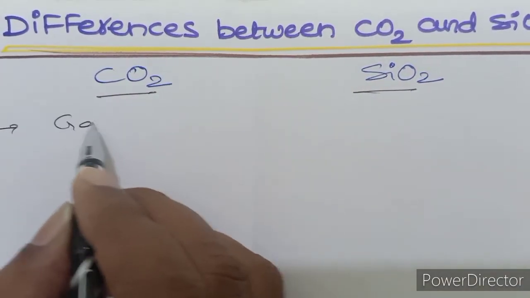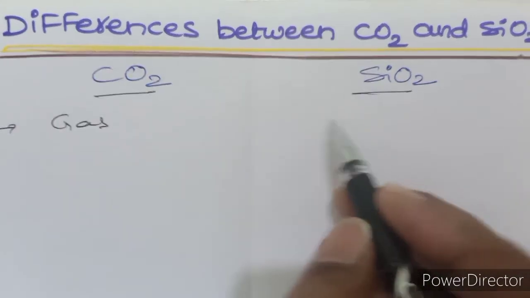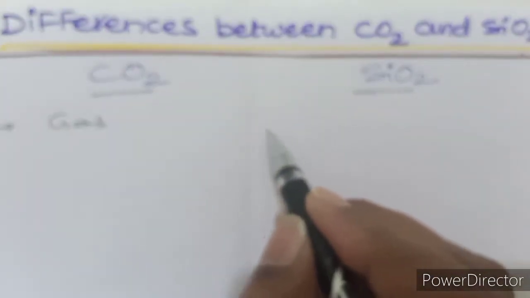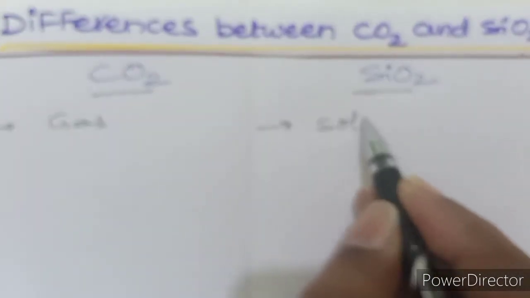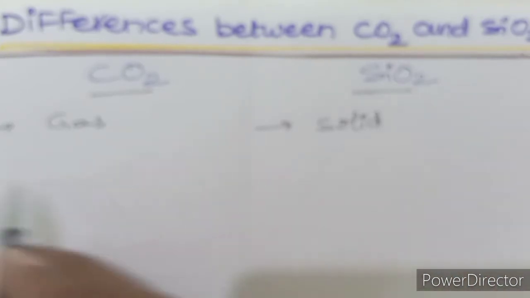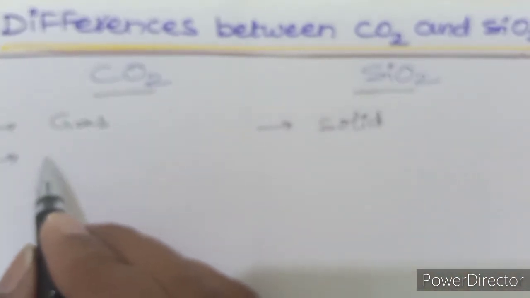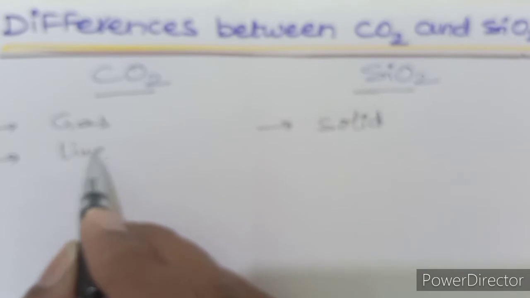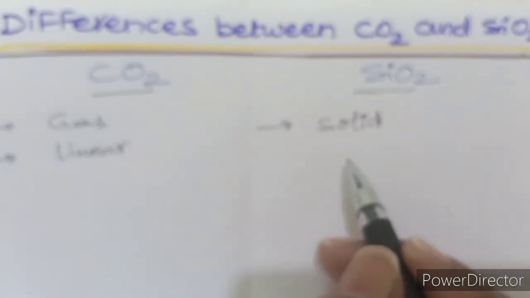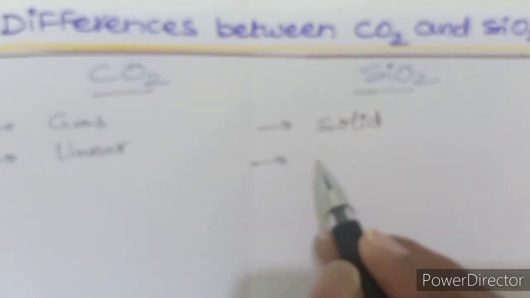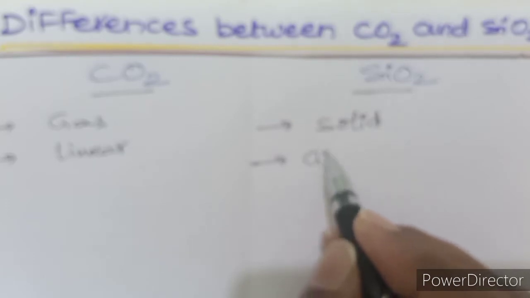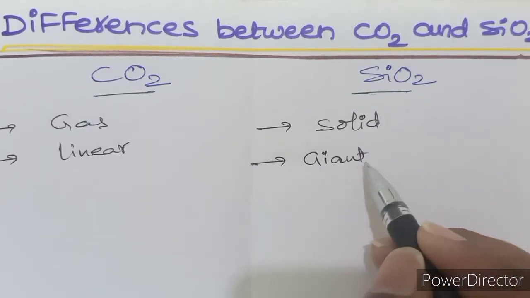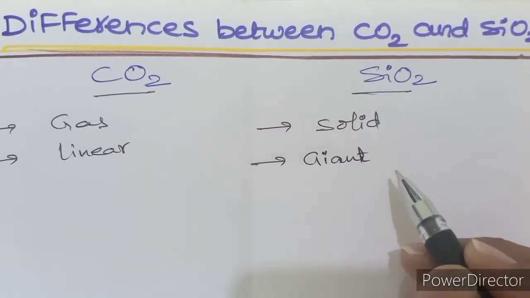Actually, CO2 is a gas, but SiO2 is a solid. CO2 has a simple linear structure, but SiO2 has a giant covalent three-dimensional polymeric structure.